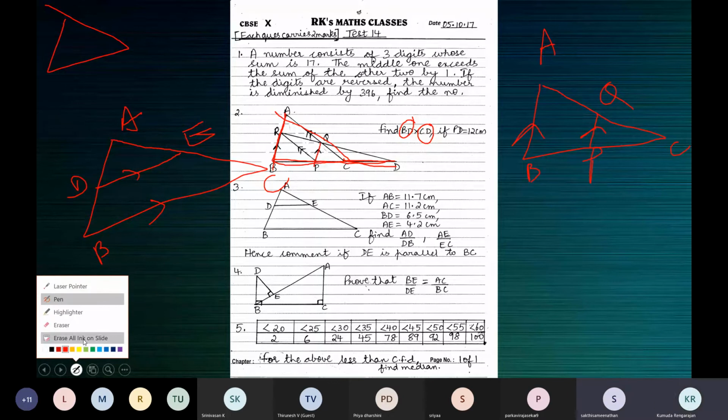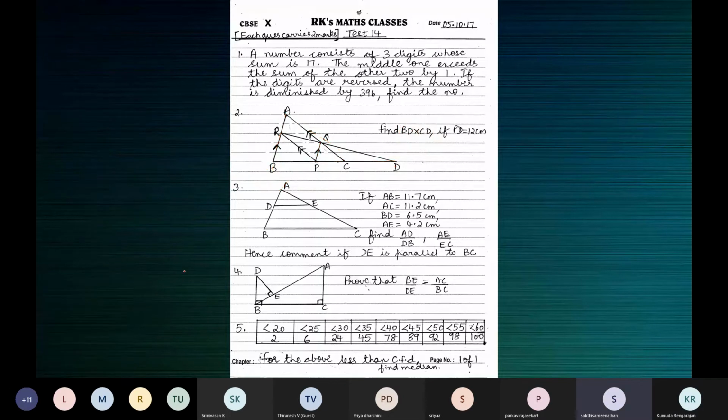Ma'am, we can take BRD and BAC. See, I'll tell you, PQ is parallel to AB. It also means PQ is parallel to RB. Yes or no? Yes, ma'am.